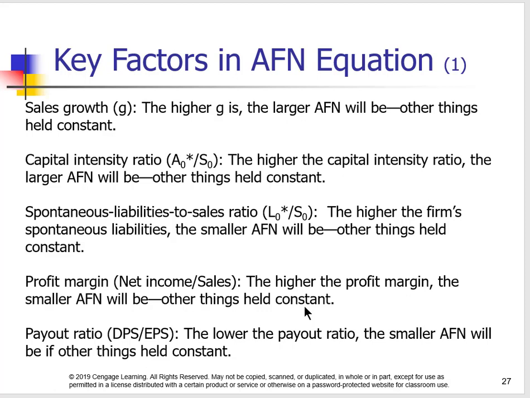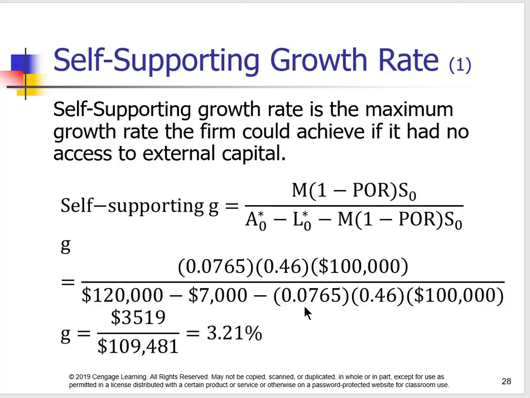So let's think about how we might measure this need of additional funds. We have something called the self-supporting growth rate. This is the maximum growth rate we can achieve if we had no access to external capital.